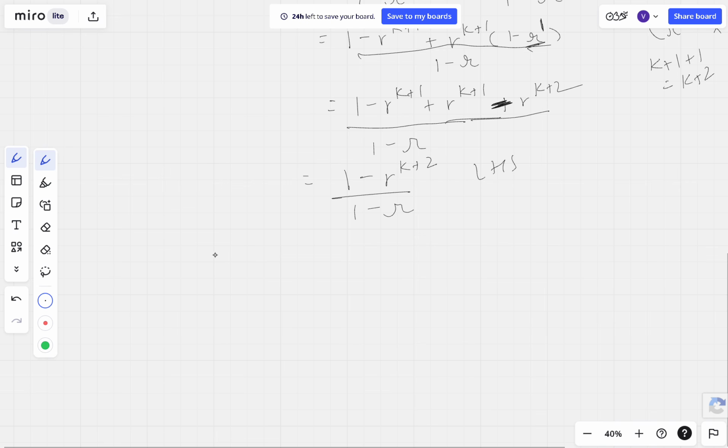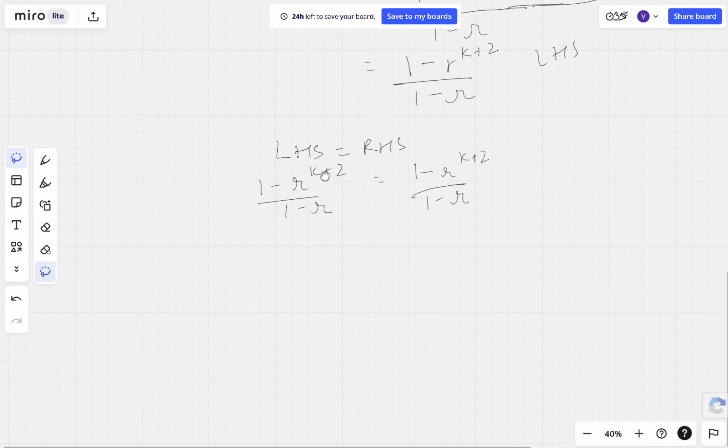So this means that LHS equals RHS. The left hand side becomes equivalent to the right hand side. Let's put them side by side. Is there any difference? There's no difference. They're the exact same. So we just proved this.